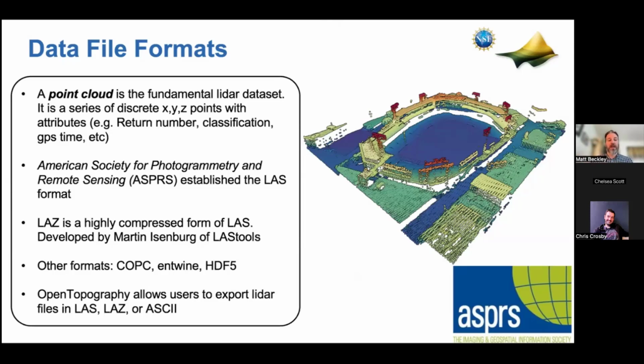Sometimes there are a variety of attributes associated with each of those points, so you might have a return number, classification value, GPS timestamp, things like that. The primary point cloud format is LAS, which was developed by the American Society for Photogrammetry and Remote Sensing, ASPRS. They came up with this format and they maintain it and keep it updated.